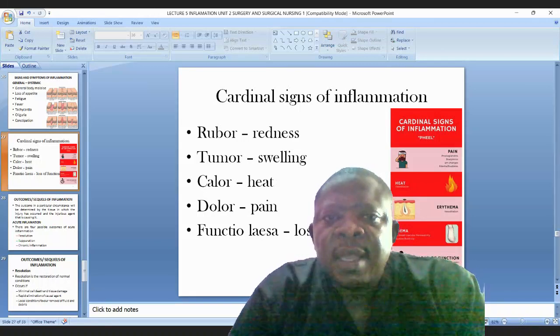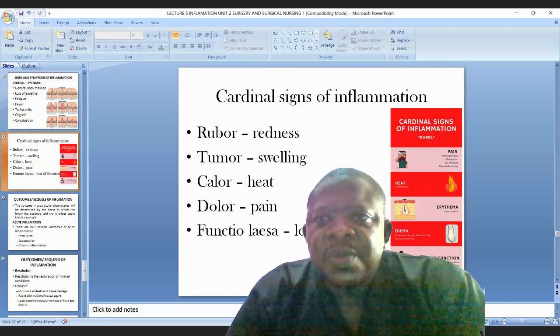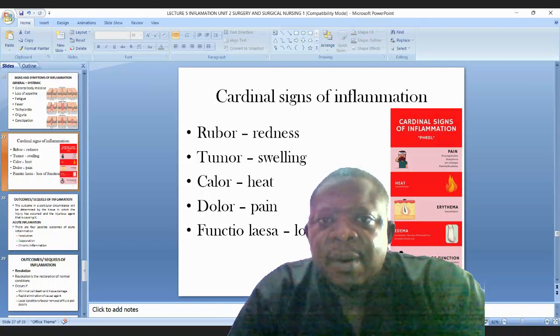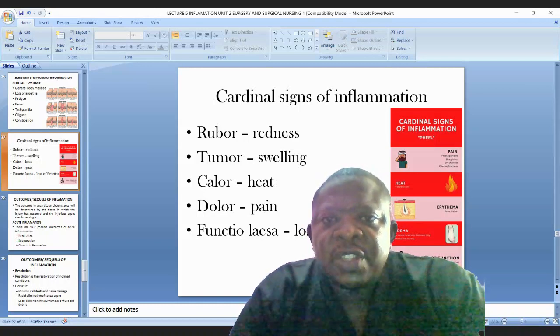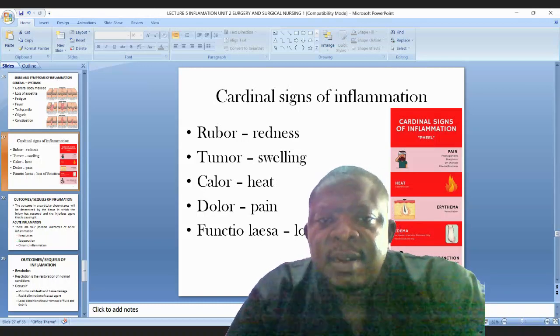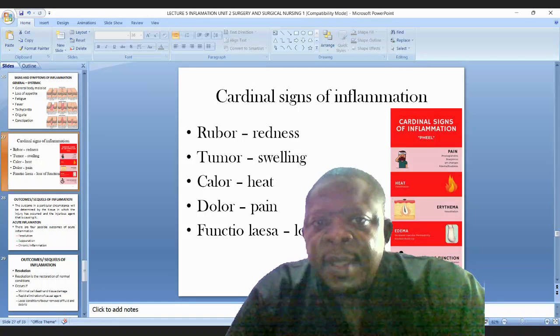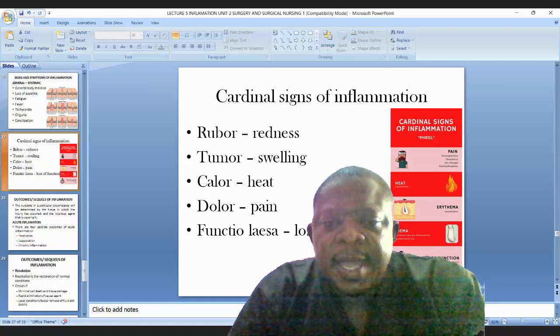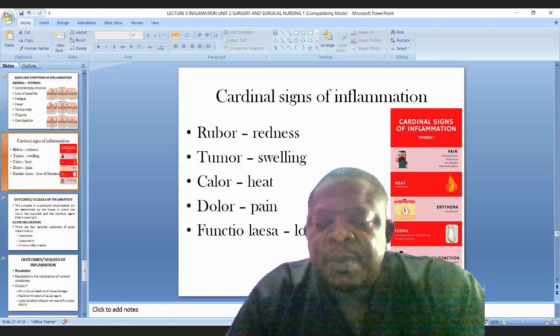You can remember these with the same mnemonic. H is for heat, so pain, heat, erythema, edema, and loss of function. So these are the cardinal signs of inflammation, and we saw these when we were discussing the local signs and symptoms of inflammation.